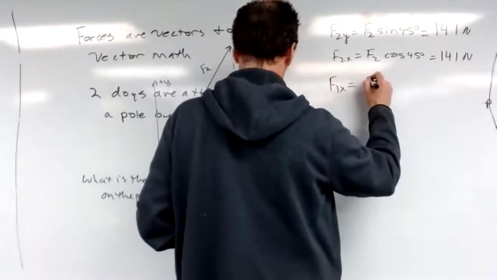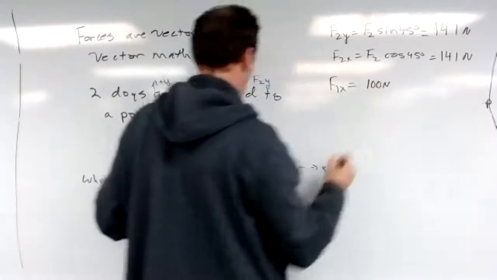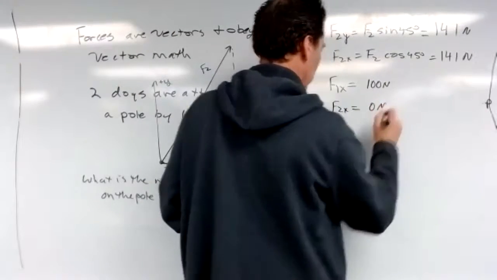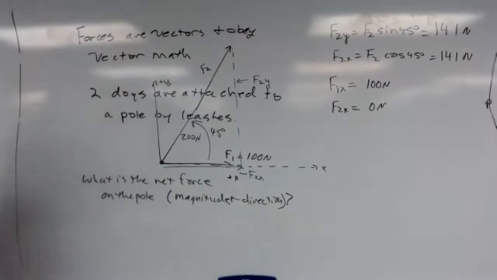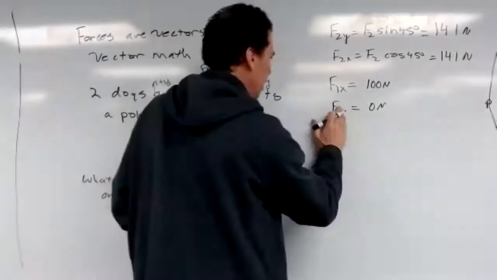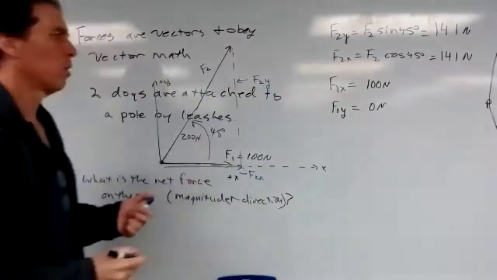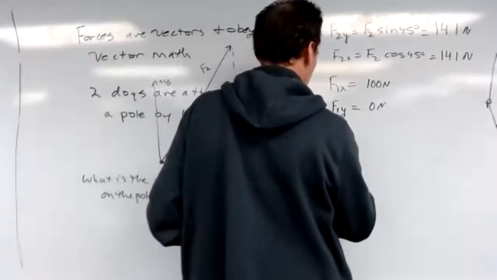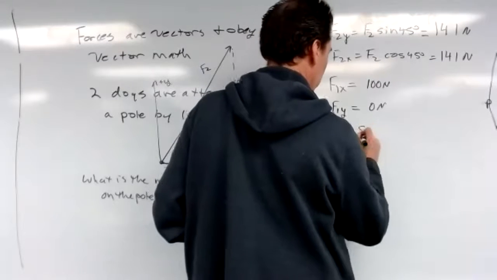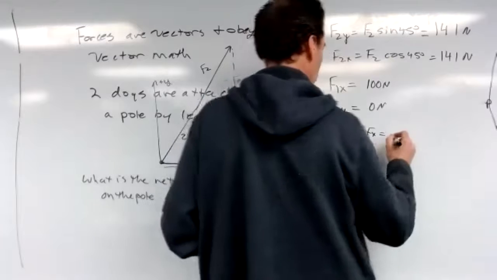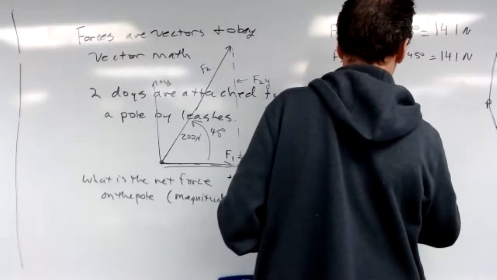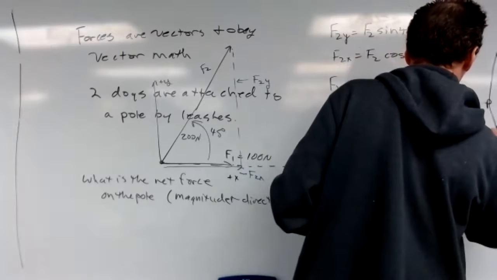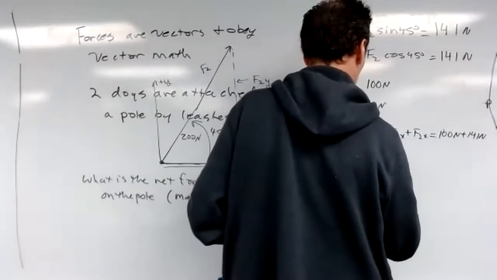And so then F1x is just 100 newtons because it points all along the x direction, and F1y is equal to 0 newtons because it has no component along the y direction. And so now I can say, look, F total along the x direction is just the sum of the forces in the x direction, which is F1x plus F2x, which is 100 newtons plus 141 newtons, which is 241 newtons.